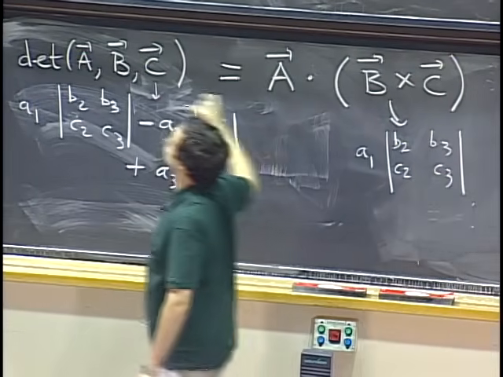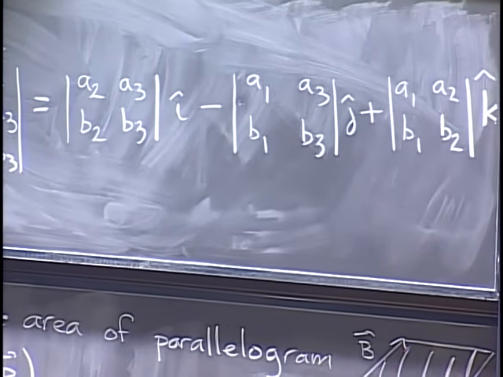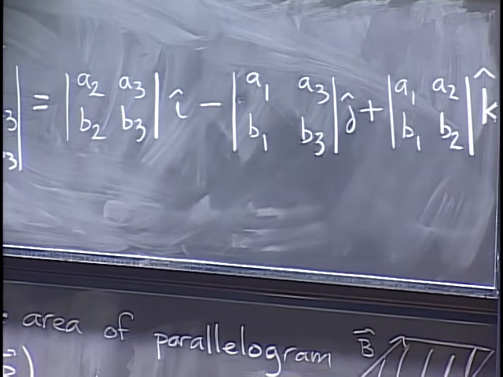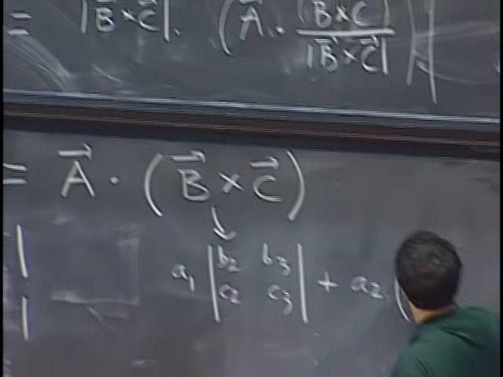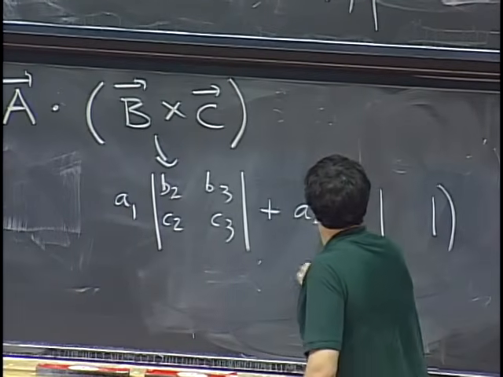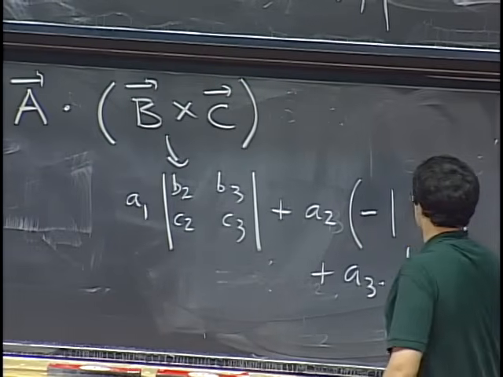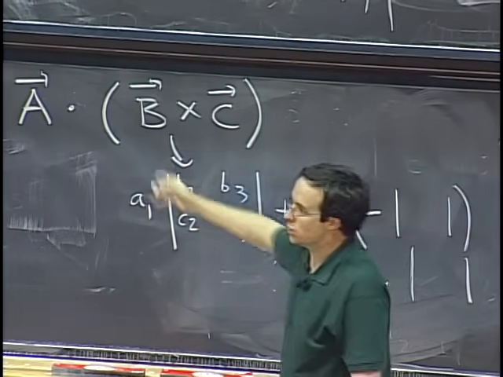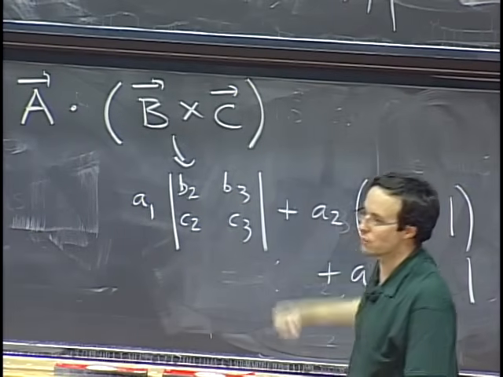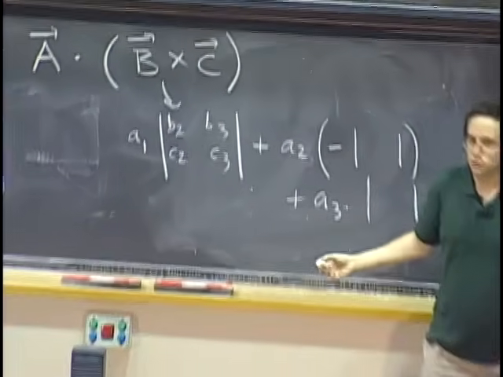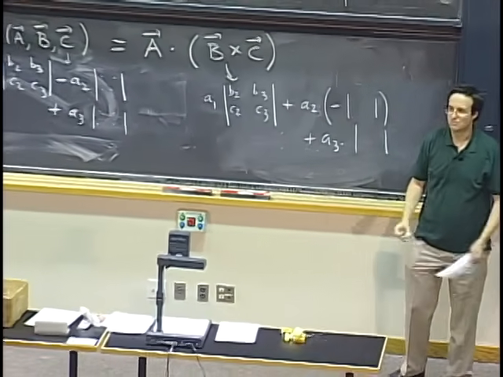If you put B and C instead of A and B into there, you will get the i component. Then plus A2 times the second component, which is minus some determinant, plus A3 times the third component, which is, again, a determinant. And you can check you get exactly the same expression. So everything is fine. There's no contradiction in math just yet.